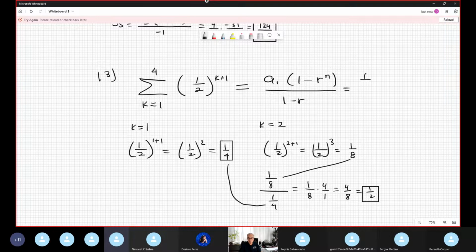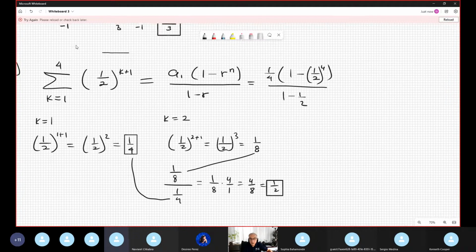A1 is 1/4, parenthesis, 1 minus 1/2 raised to the 4 power, because the summation ends in 4, divided by 1 minus 1/2. Wow, it looks horrible because it's a fraction, but it's okay, let's do it little by little.